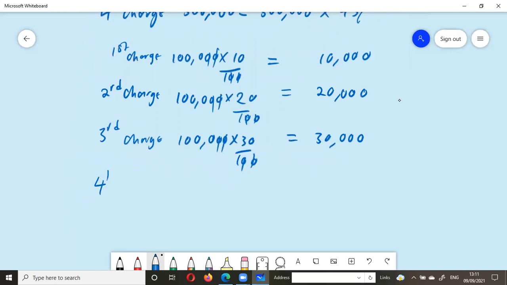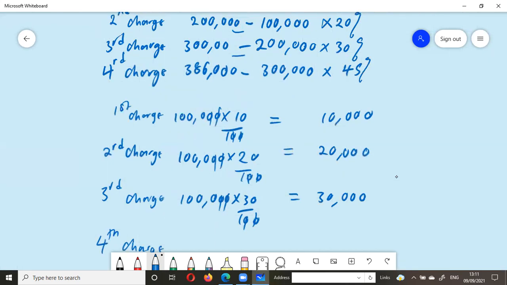When you subtract these two, what do you get? You get 86.